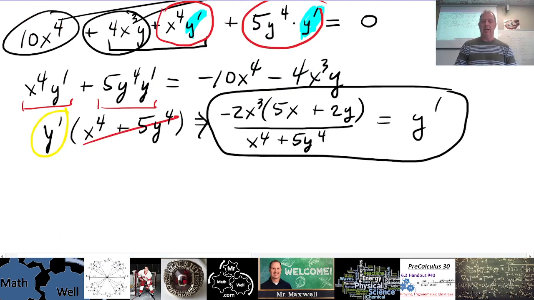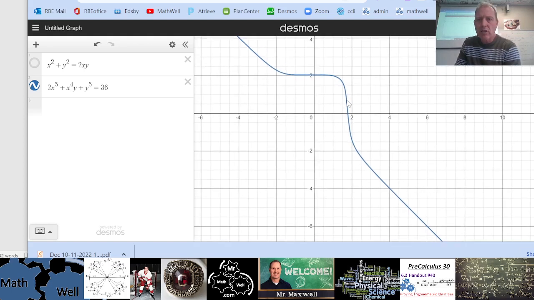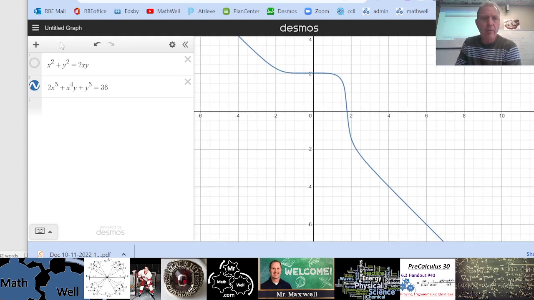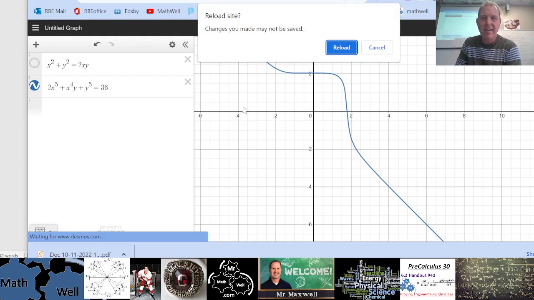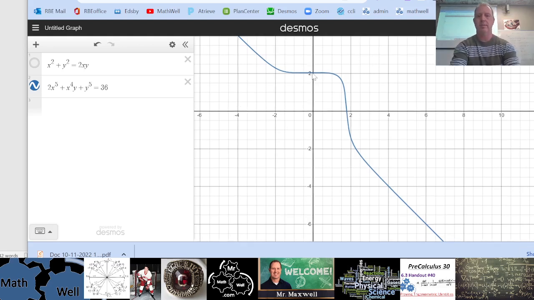Okay, let's say I want to know what is the slope of the tangent line. What's a point that's on this line? Let's find out. 4, negative 4. I'm not sure why I can't find it.